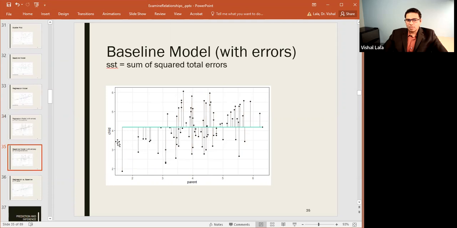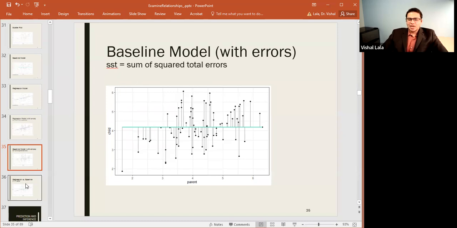Here we're drawing drop lines from the baseline model to every single dot in the graph. And then you would square every one of these distances and add them up. This would give you the sum of squared total errors, or total sum of squared errors.